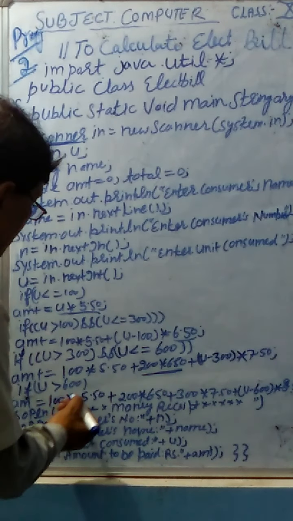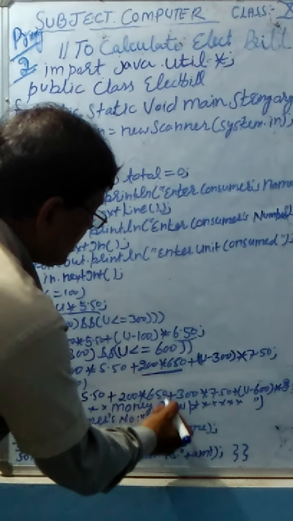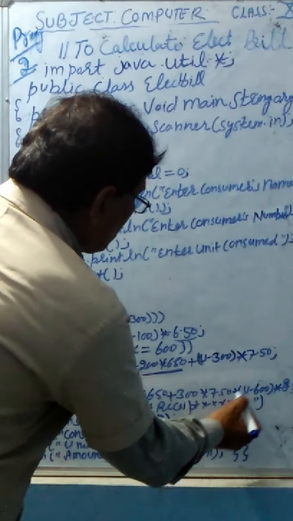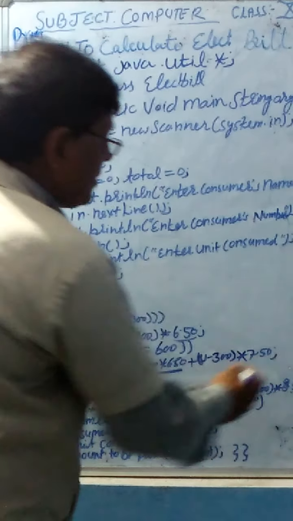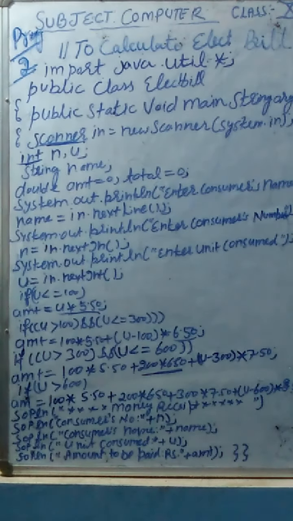Like this: 100 multiply 5.50 plus 200 multiply 6.50 plus 300 multiply 7.50 plus unit minus 600, and the remaining unit will be multiplied by 8.50.